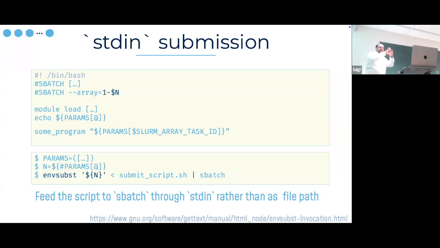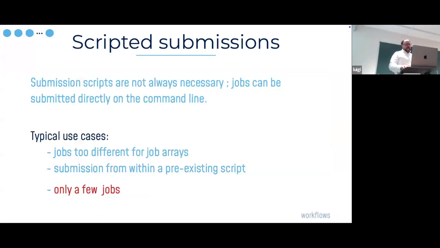If you have a parameter file with a value which needs to change, you can use envsubst, and I will have an example later on. So this allows the number of elements in the array to be dynamic, in a sense.